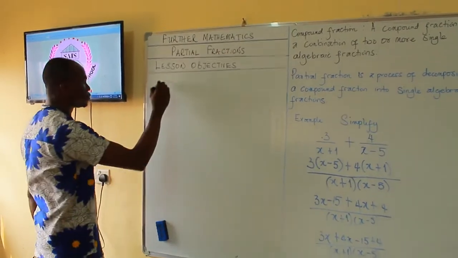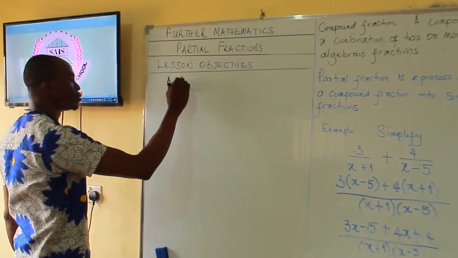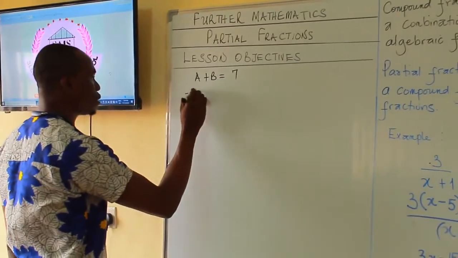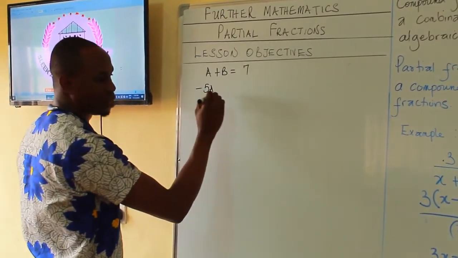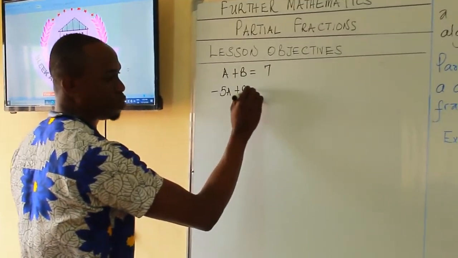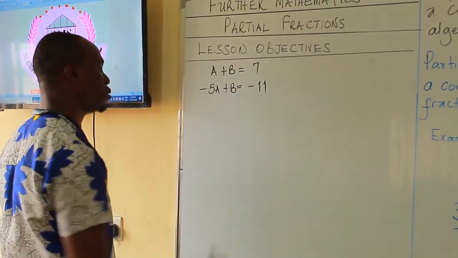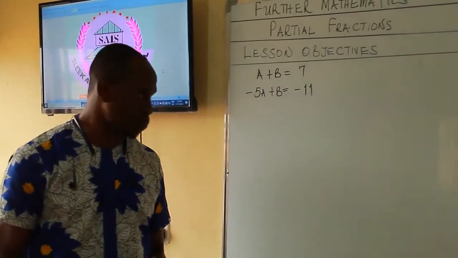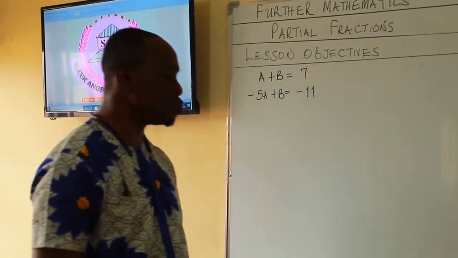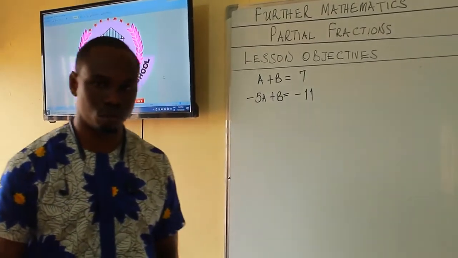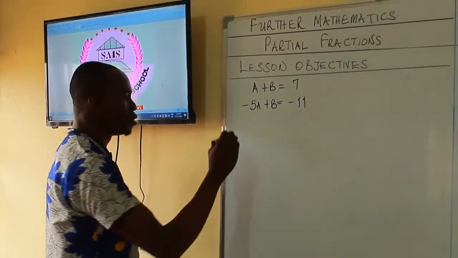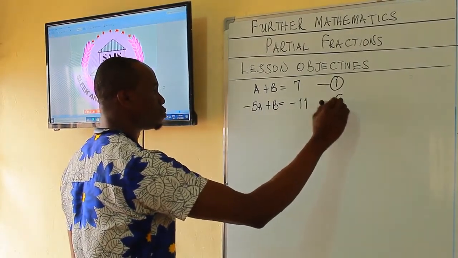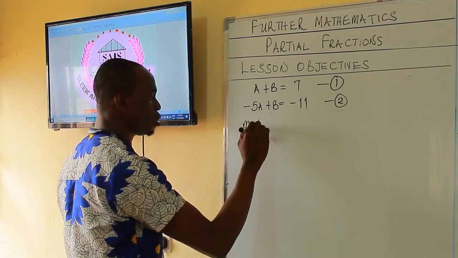So I'll have a plus b equal to 7 and minus 5a plus b equal to minus 11. There are so many methods of solving a simultaneous equation. My preference is to use the substitution method to obtain the values of a and b. So I'll make a the subject of formula in equation 1 and substitute in equation 2.